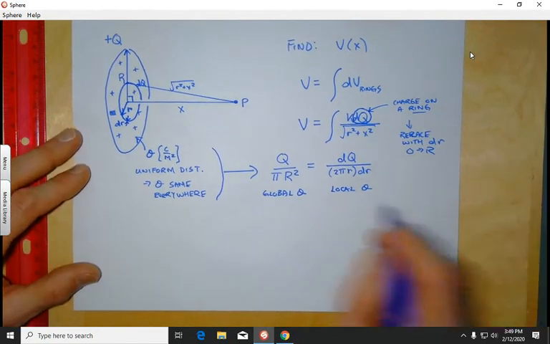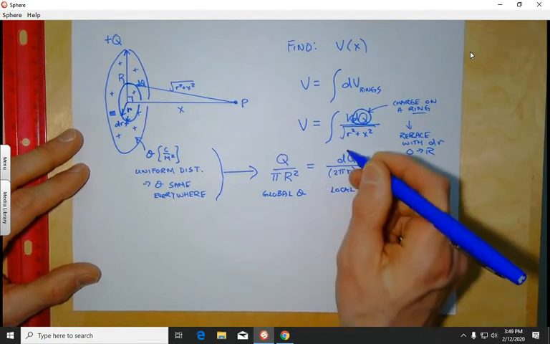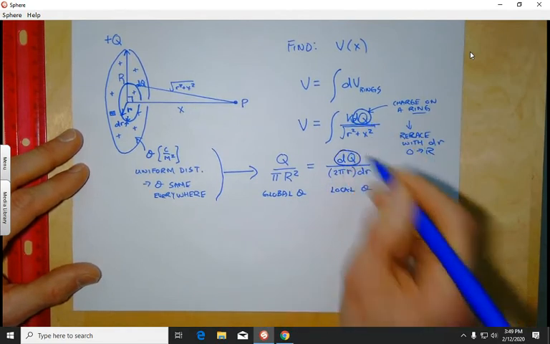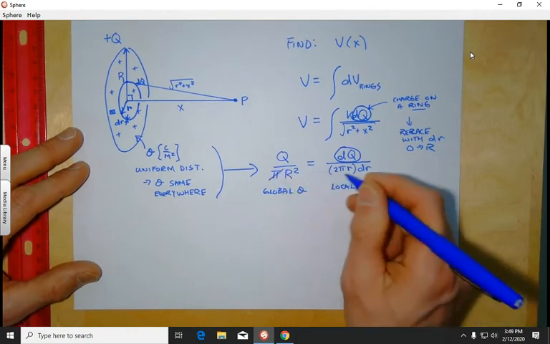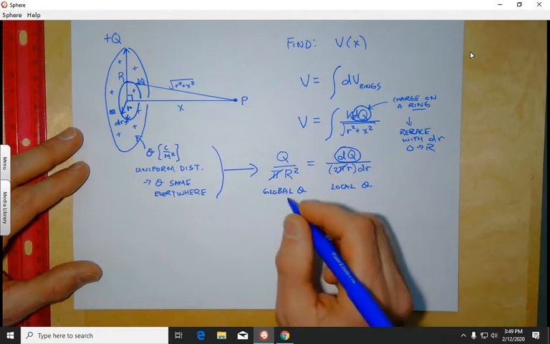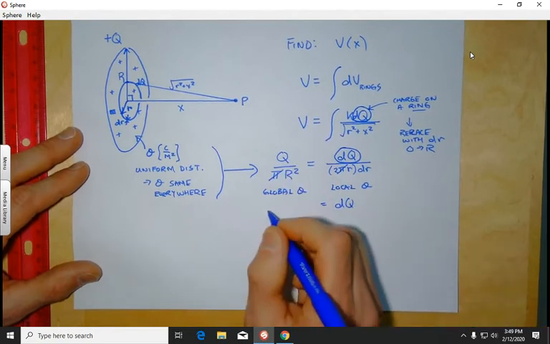And so by making these two densities the same, I can now do my substitution. Okay, so I'll put that down here. It looks like the pi's cancel out, and I'll end up with dq equals, what do I have?